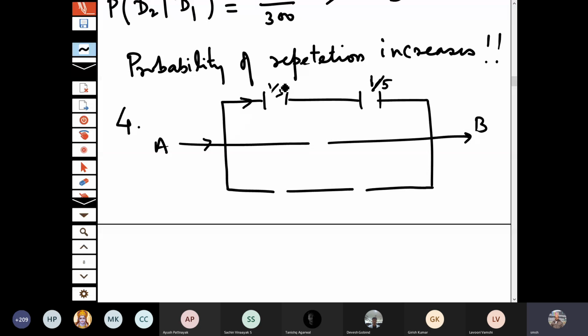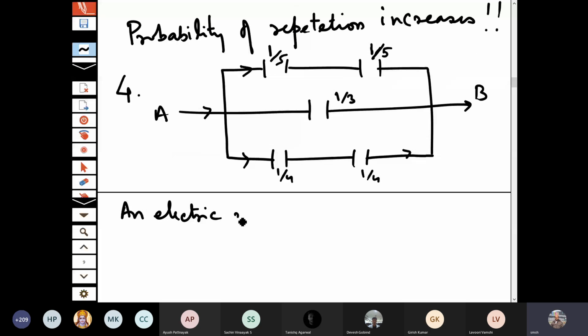These numbers which I am writing are the probabilities, okay? You can consider it as, for example, an electric network. It can be electric, electronic, or any other kind of mechanical network also.